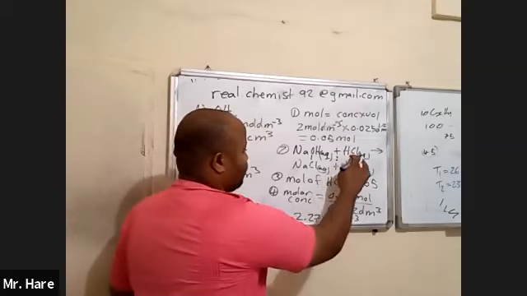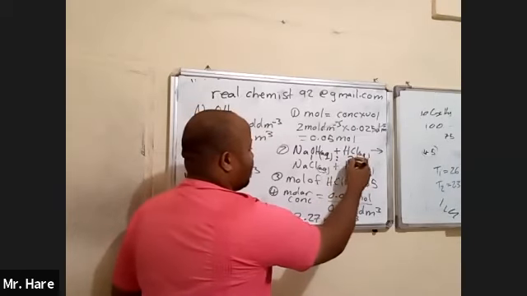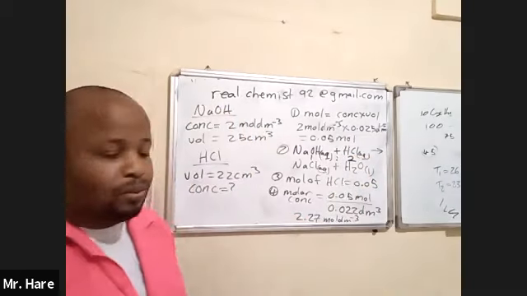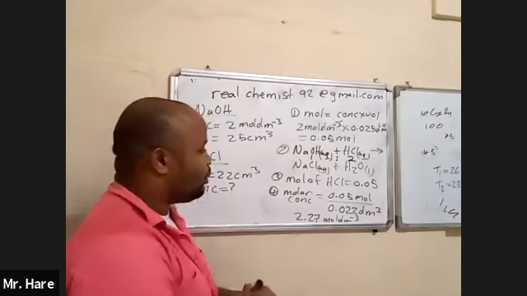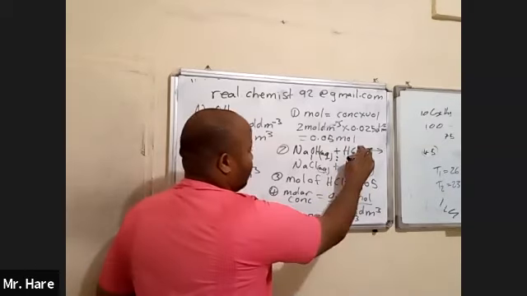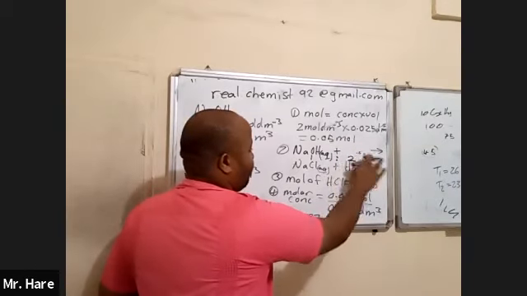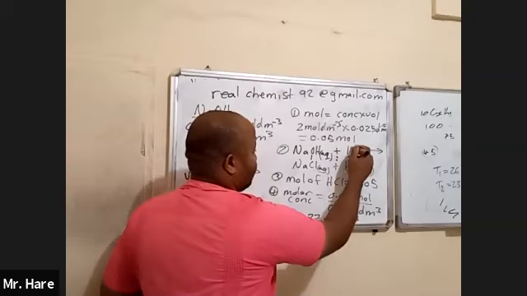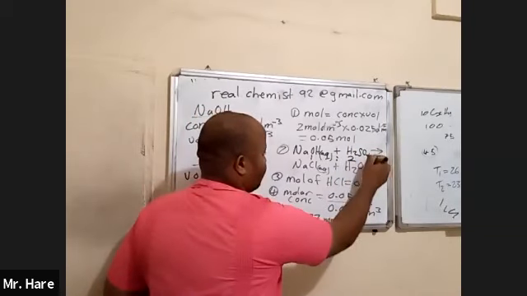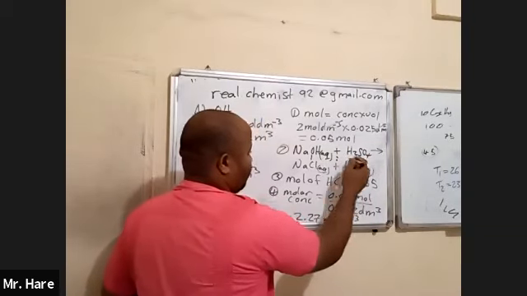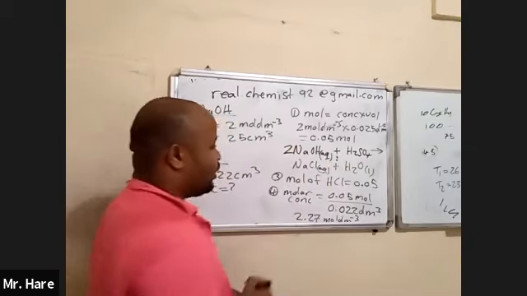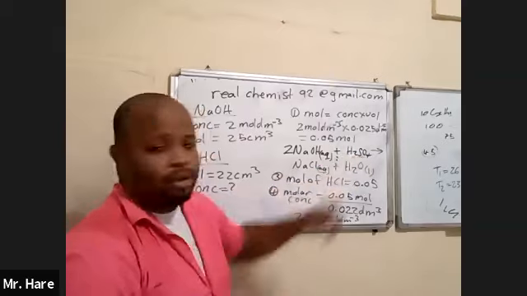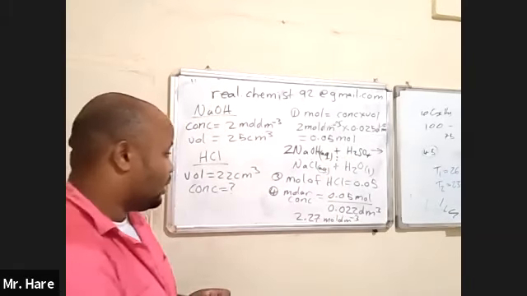No, so when it's 1:2, don't read it as just 1:2. All right, so in this case, let me just switch HCl with sulfuric acid, H2SO4. You would have gotten 2 moles of sodium hydroxide to 1 mole of sulfuric acid.